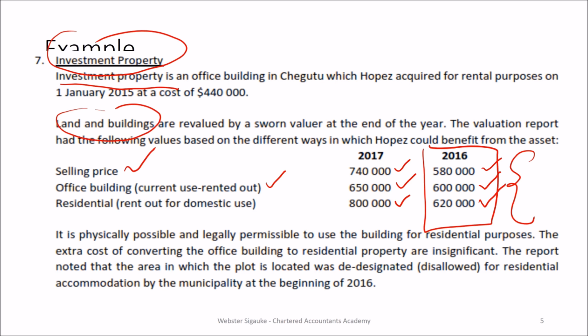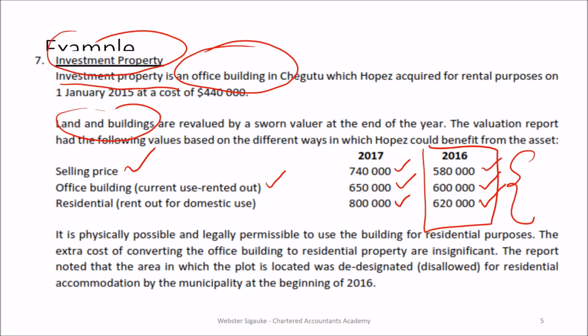Number two, is it physically possible for us to actually use this building for residential purposes, considering that at the moment the investment property is rented out as office buildings, not as residential, which means we will need to convert those offices into sections which are habitable for residential purposes. Is that possible?